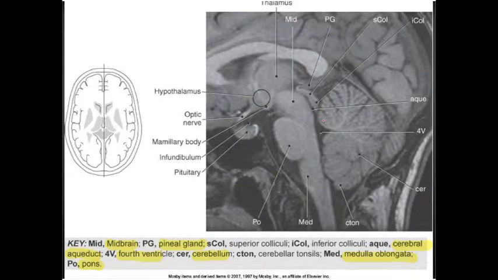So here's an MRI image. It demonstrates things to a higher degree. We have the thalamus here. We have the fourth ventricle. We have the cerebellum.